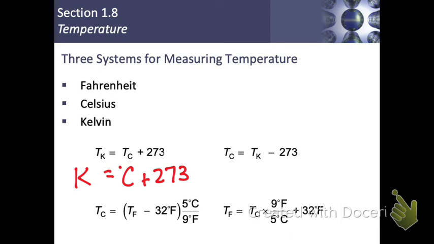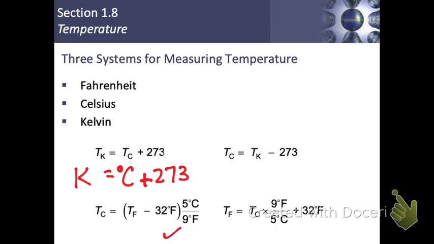So if I want to convert my Celsius temperature into Kelvin, I'm going to take my Celsius temperature plus 273. Kelvin and Celsius increase at the same rate. If it goes up 1 degree Celsius, it also goes up 1 Kelvin. That's not true for Celsius and Fahrenheit. If Celsius goes up 1 degree, it does not mean that Fahrenheit has also gone up 1 degree. They have a crazy conversion that's shown right down here.